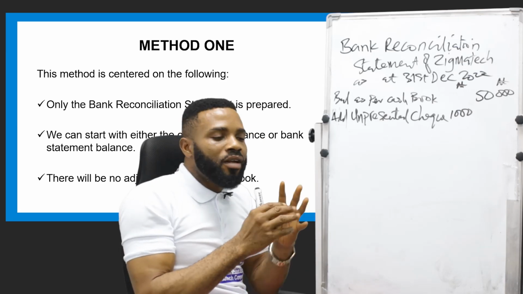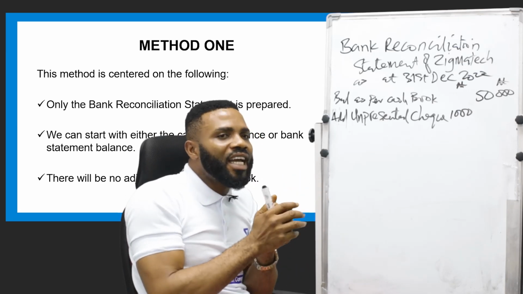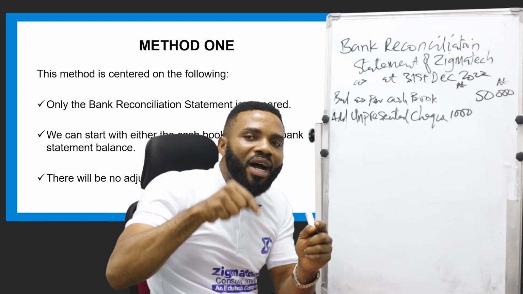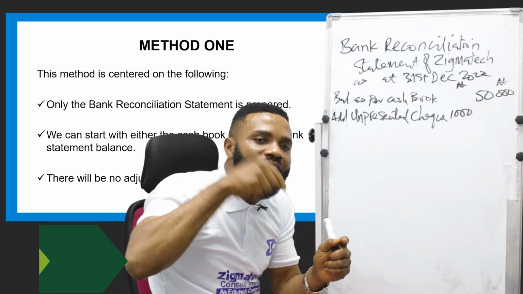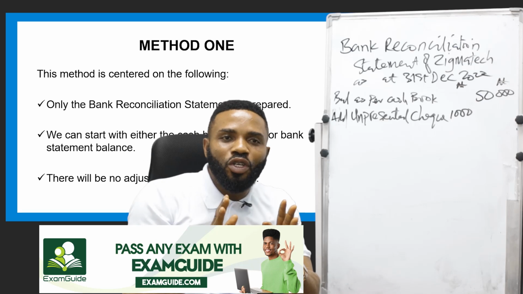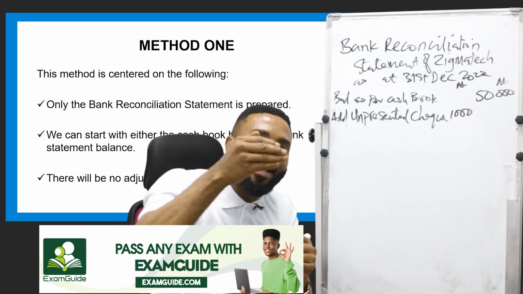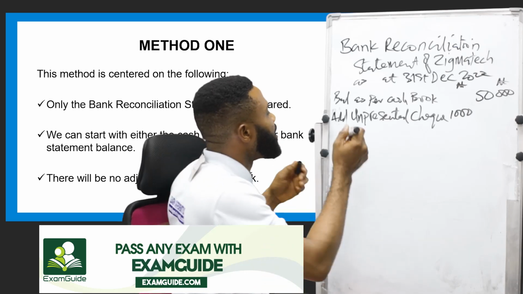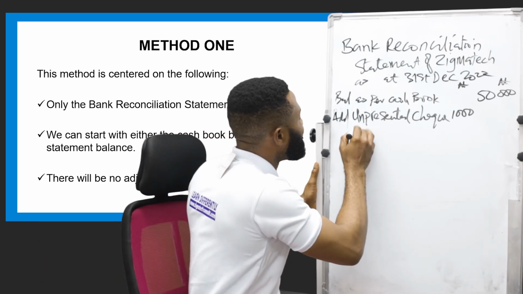And then the next thing you are going to do is, there are transactions that have actually entered into the bank account that have not entered into the cash book. Example, dividends. So you add dividend.